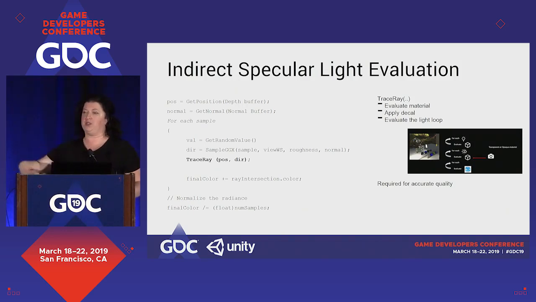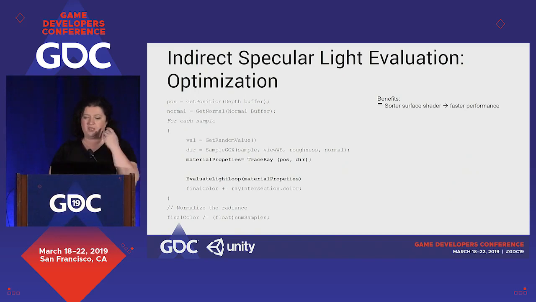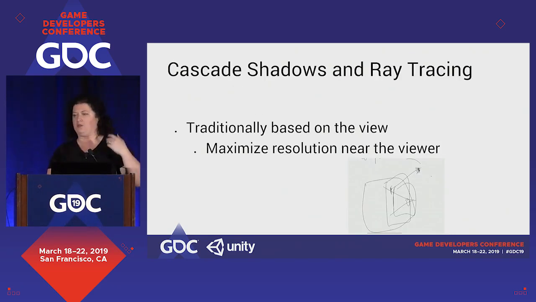And what we do is during the trace ray, we evaluate the material, we apply our decal, as we were discussing, and then we do the full light loop for the decal as well in order to get the accurate quality of the final lighting for that particular object. And what this allows us is to have the surface shader at the appropriate point for faster performance. And you'll have all of this stuff for reference later on.